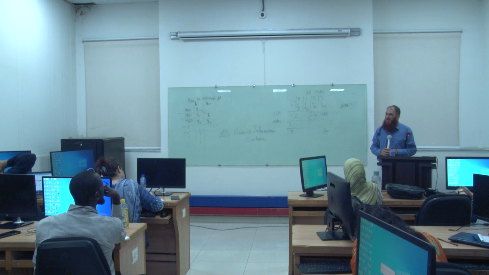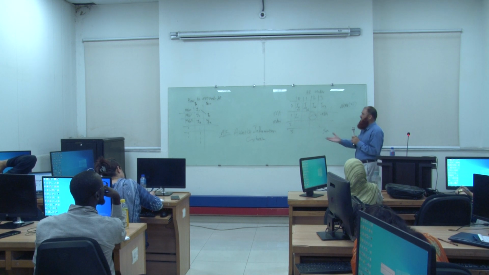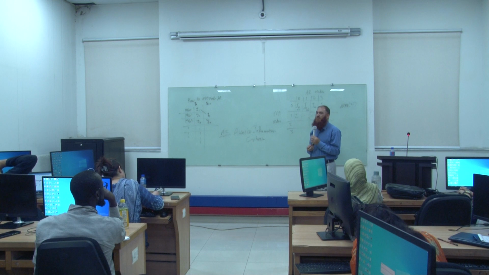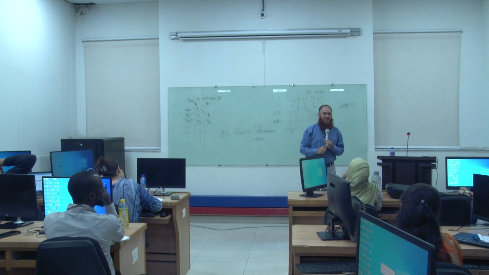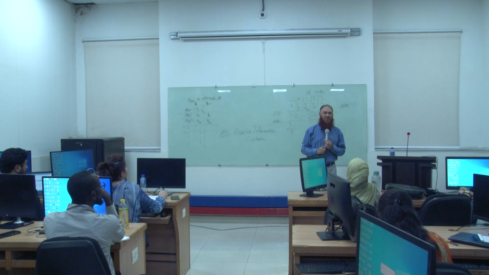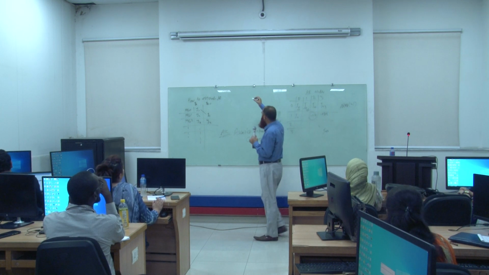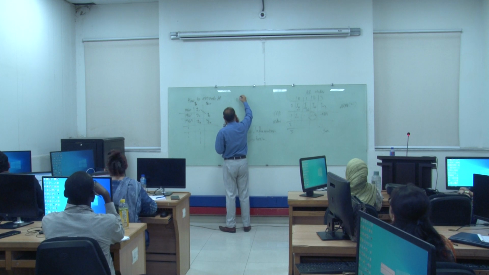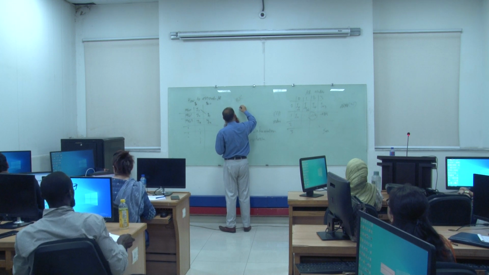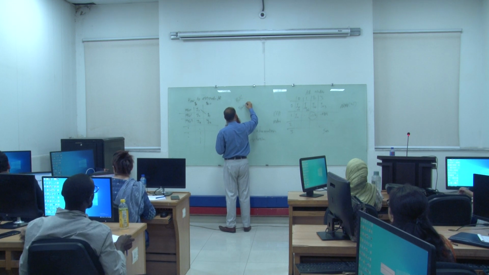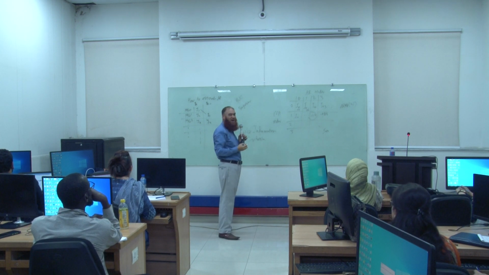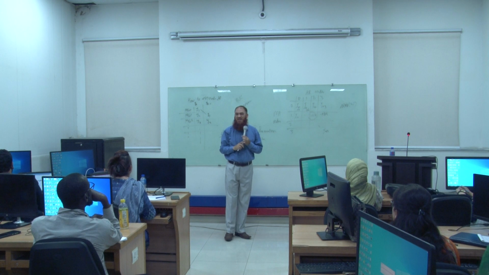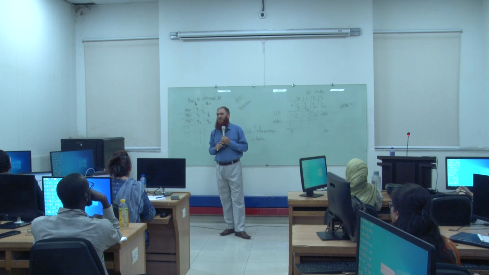Okay, now what is AIC? As I have written, this is Akaike information criteria, and there are some other criteria as well. For example, there is BIC. This is called Bayesian information criteria. This is sometimes termed as Schwarz Bayesian information criteria because it was invented by Schwarz.